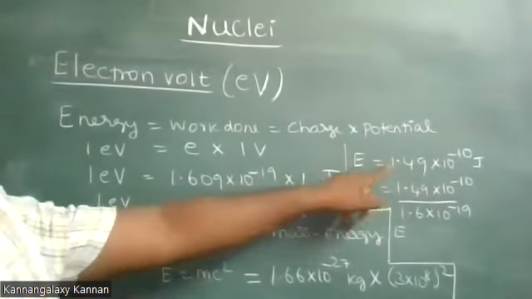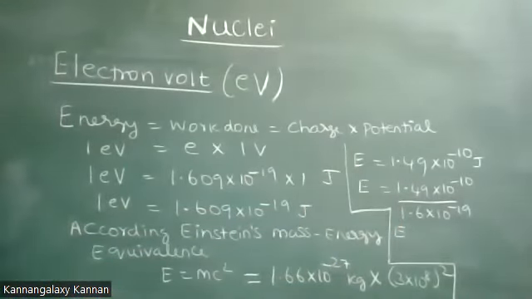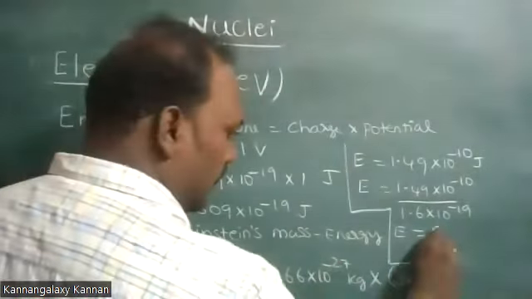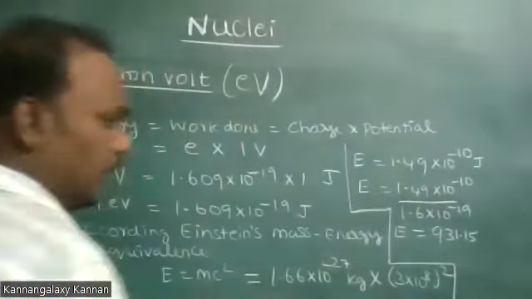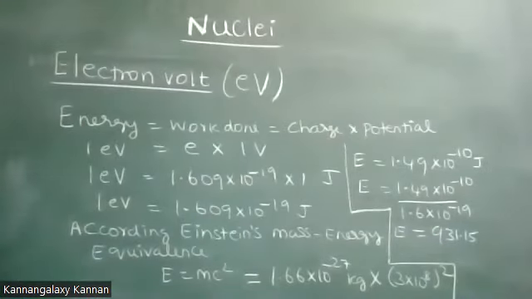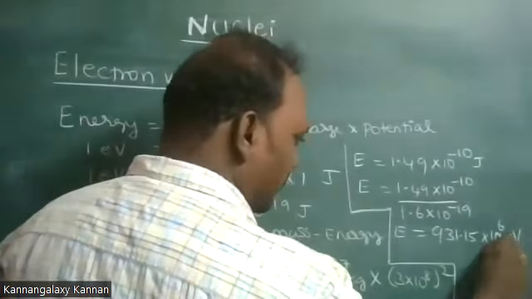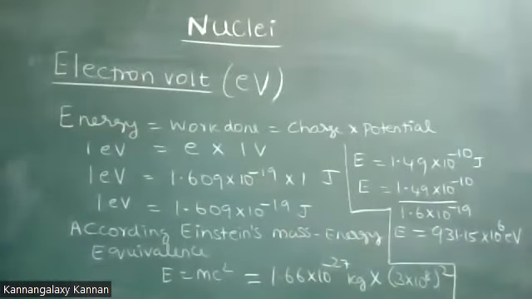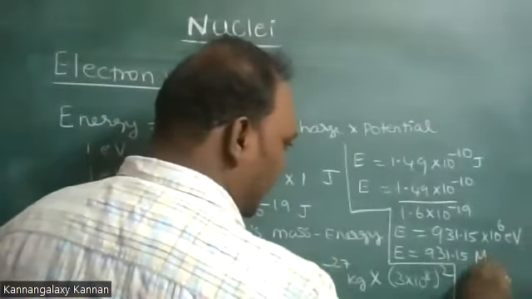So when you divide, you get the answer in electron volt: 931.15 × 10^6 electron volt. 10^6 is nothing but million, so E is equal to 931.15 million electron volt.